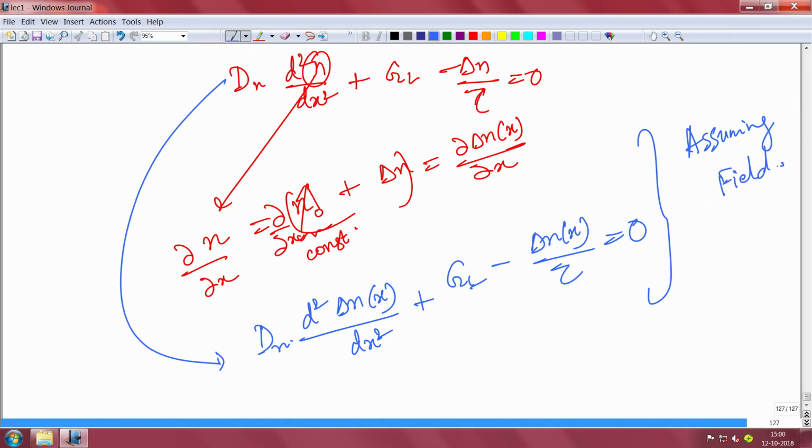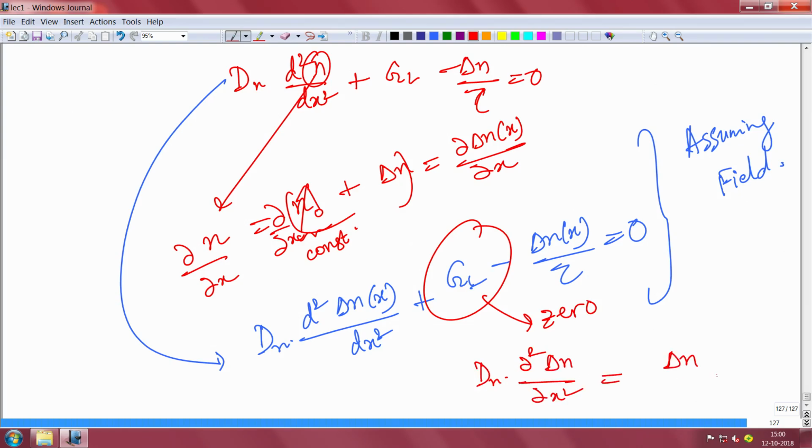If there is no optical generation, then this GL quantity will go to 0. Then your equation will look like Dn d square delta n by dx square is equal to delta n by tau. You see, this is a second order differential equation.